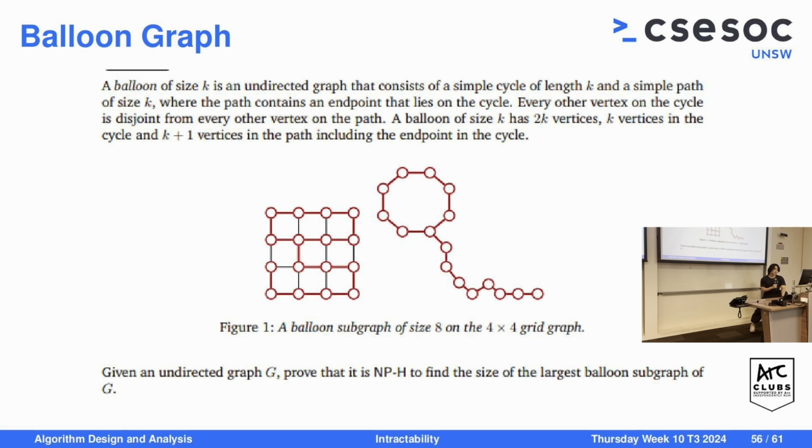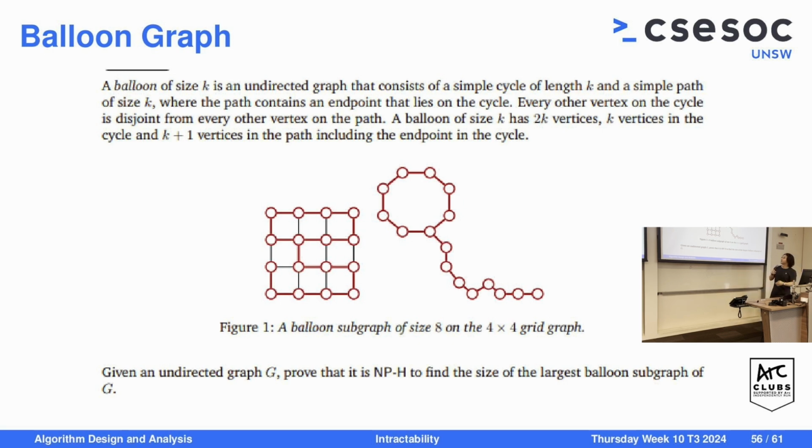A balloon of size 2k has 2k vertices: k vertices in the cycle, and k plus 1 vertices in the path, including the endpoint in the cycle. All of that is just a really mathematical way of saying that the graph looks like a balloon, basically.